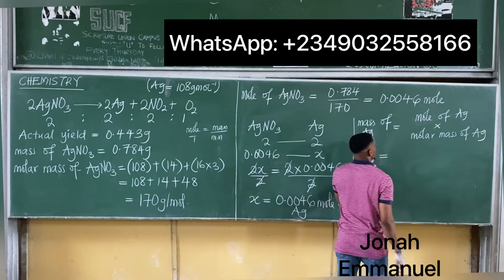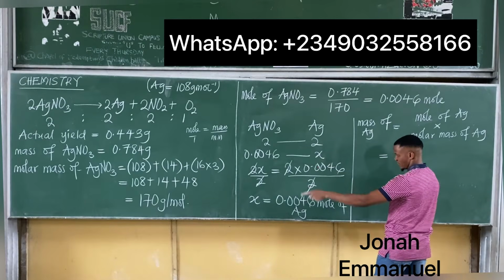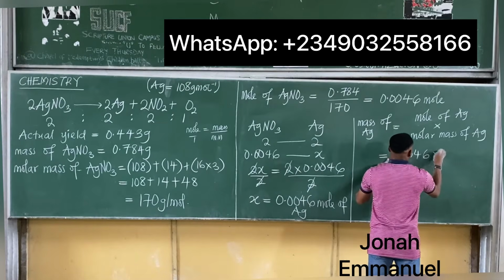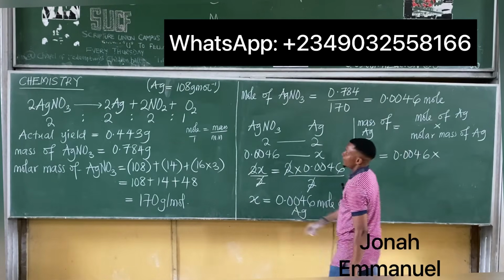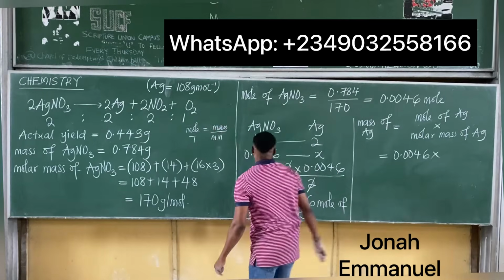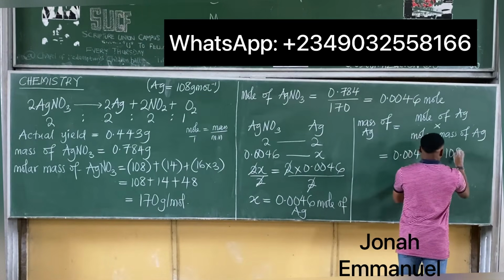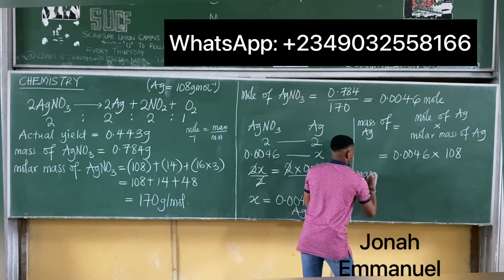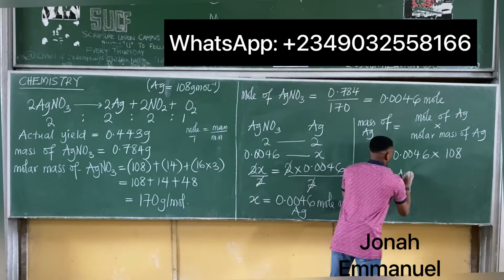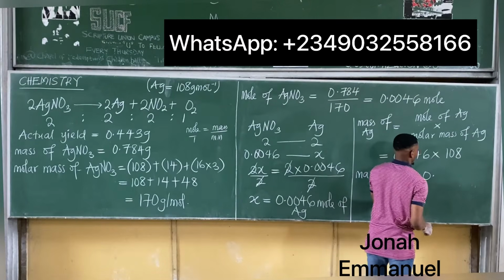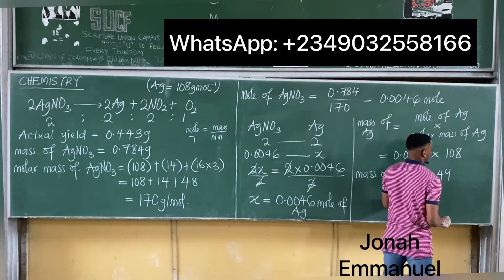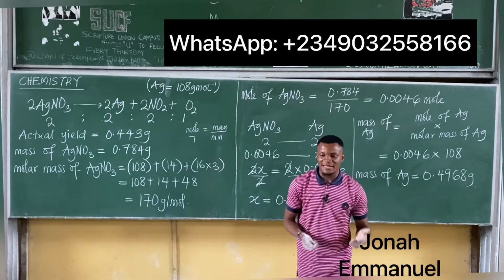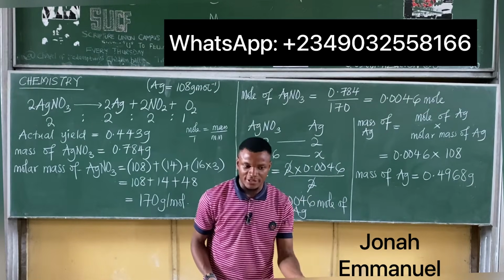The mole of silver is 0.0046 times the molar mass of silver, which is 108. Please multiply this. What's the mass of silver? The mass of silver is equal to 0.4968 gram.